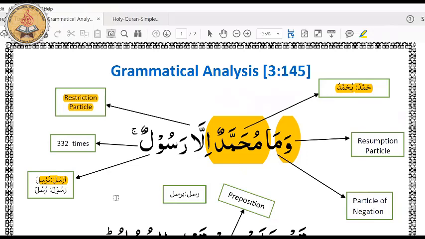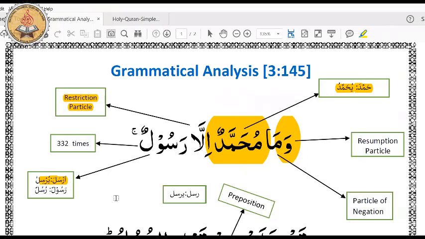Wa ma Muhammadun illa Rasul, and Muhammad is not but a messenger. Basically this is a great emphasis on the unity of God, on monotheism. Muhammad sallallahu alaihi wasallam, the chief of the prophets, the seal of the prophets, the Rahmatul Alameen, the highest office holder in prophethood, but he is not God.